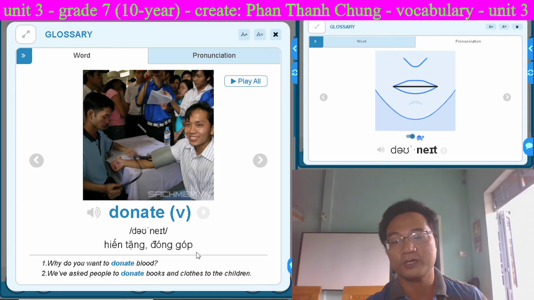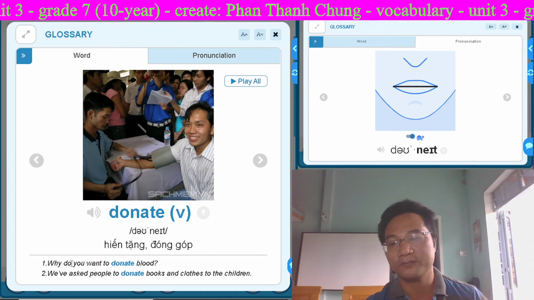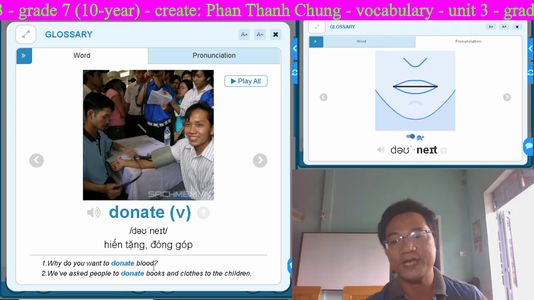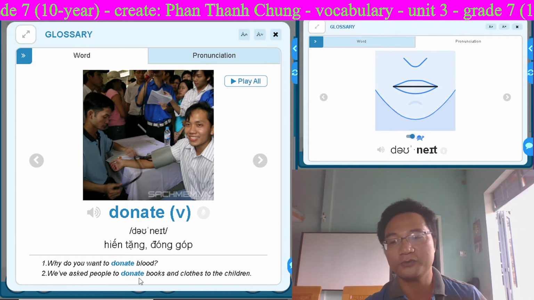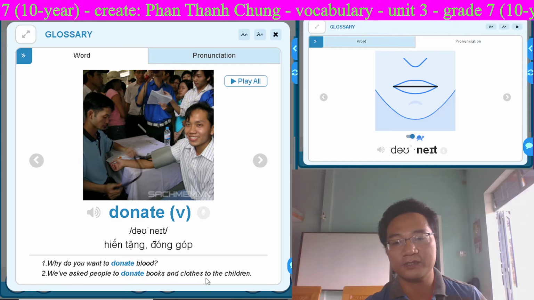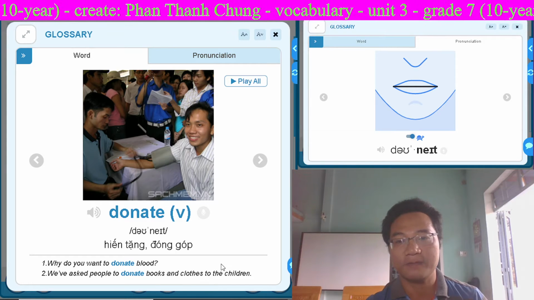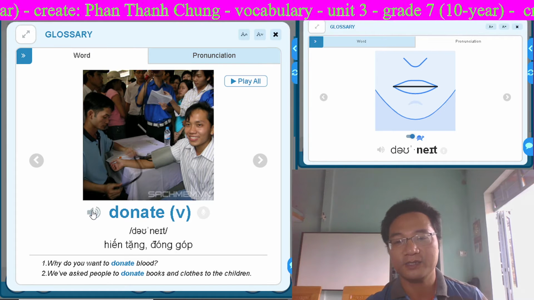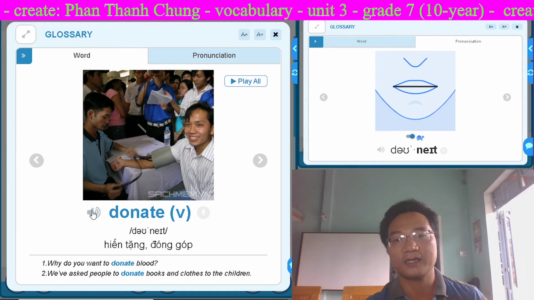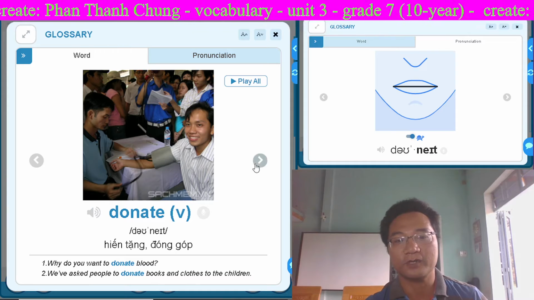Hiến tặng hay là đóng góp. For example, why do you want to donate blood? Or we will ask people to donate books and clothes to the children. So, donate is a verb. Hiến tặng, đóng góp. So we go on.